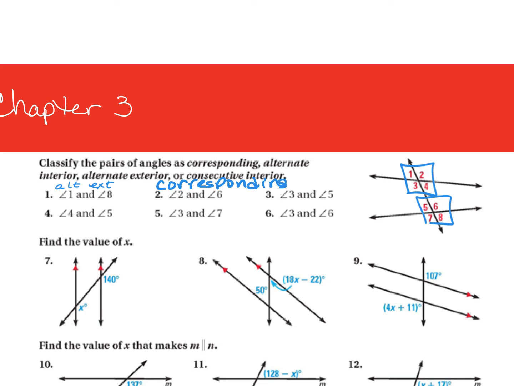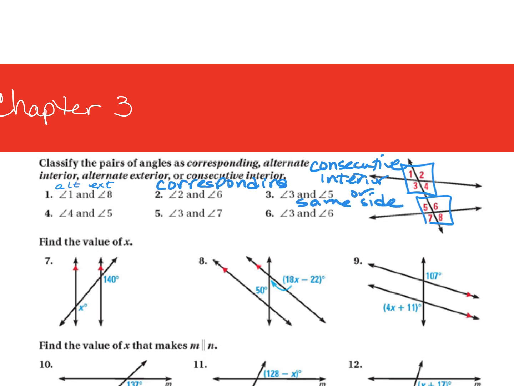And then 3 and 5, these are consecutive interior or same side interior. Or same side.